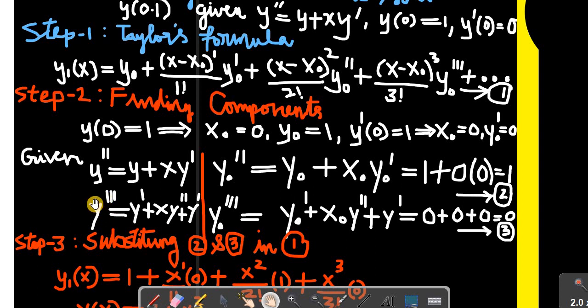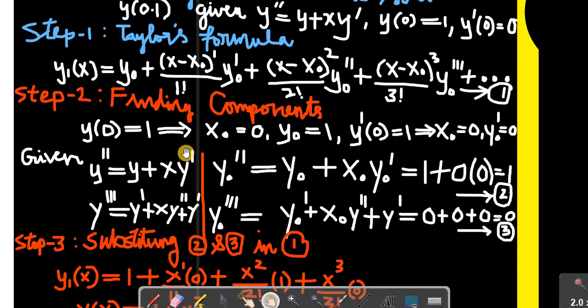Now we know from the differential equation that if we differentiate this side, we have to differentiate this side also. So if you differentiate this with respect to x, this y will become y dash, dy by dx, that equals y dash, plus here d by dx of x y dash.